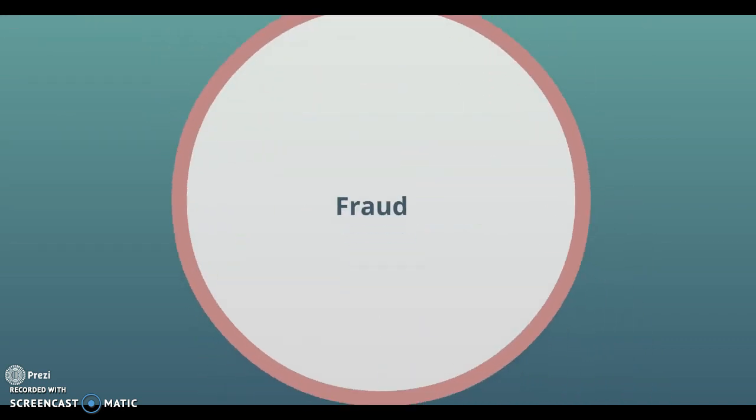Now, fraud is very similar to misrepresentation, but this is when it's done on purpose. This is when you purposely misrepresent something for your financial gain. It's defined as misrepresentation with 2 additional elements. So going back to misrepresentation, in fraud, number 1, an untrue statement is one of fact.